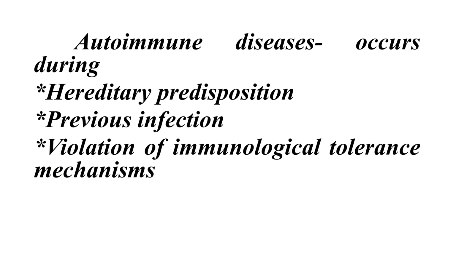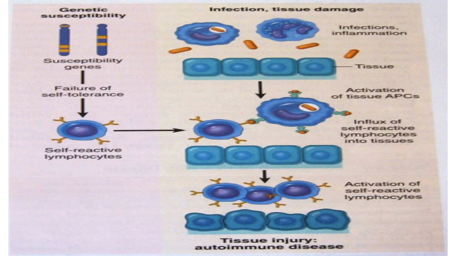Autoimmune diseases occur during hereditary predisposition and previous infection and disorders of immunological tolerance mechanism. Pathogenesis of autoimmunity.